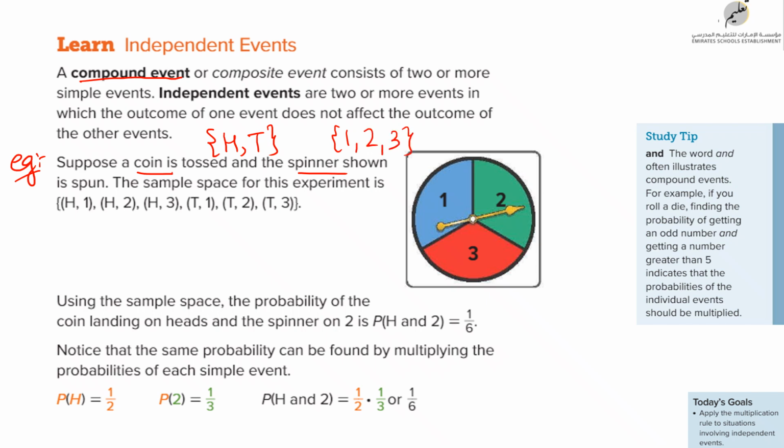Now if you remember your second lesson where I teach you the fundamental principle of counting, then I told you that for a compound event which has say two stages or two parts, like this one, two simple events: the first, the tossing of the coin; the second, the moving of the spinner.